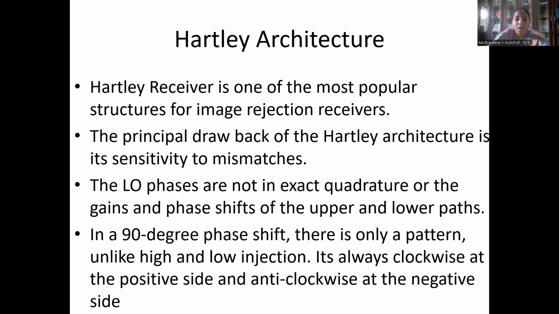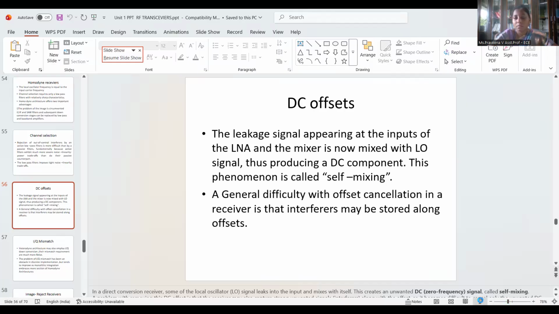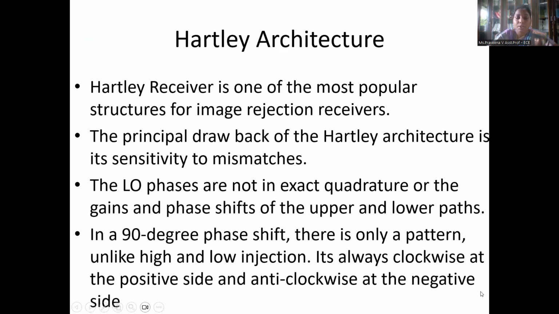Next is the Hartley architecture. The Hartley receiver is a very popular type of image rejection receiver used in RF systems.